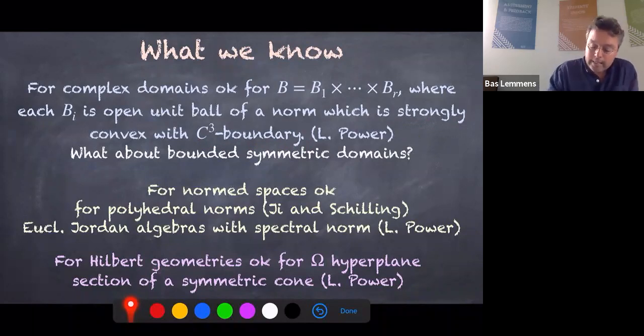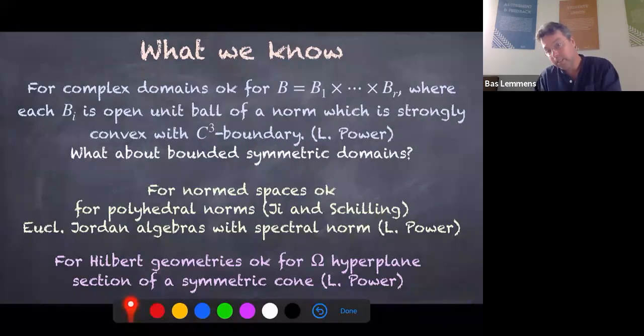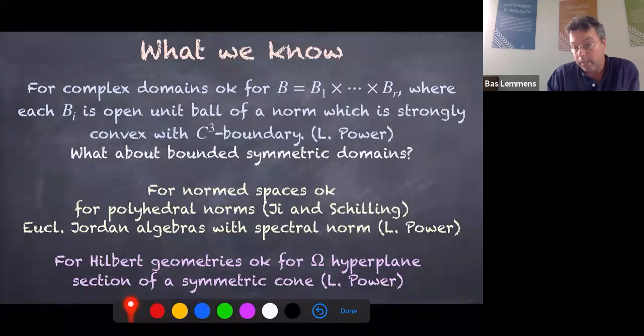Then, of course, the natural question, and I think that's a really nice question, is: suppose we consider bounded symmetric domains with the Kobayashi distance, and we take its realization as a unit ball in a JB star triple.